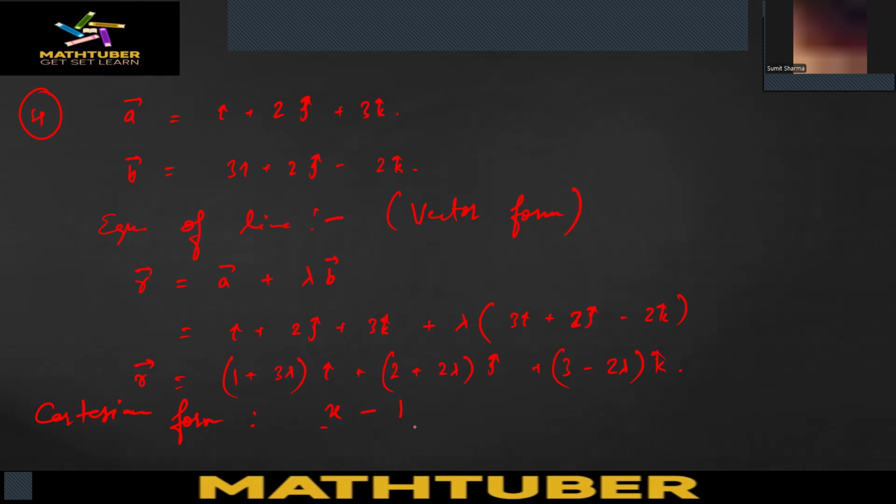So it is (x minus 1) upon 3 is equal to (y minus 2) upon 2 is equal to (z minus 3) upon minus 2. This is the Cartesian form, and you have to do similarly in the fifth question. This is how we have to proceed.